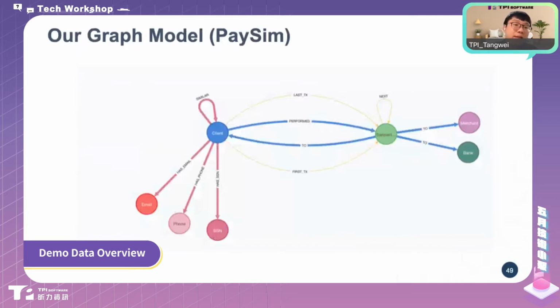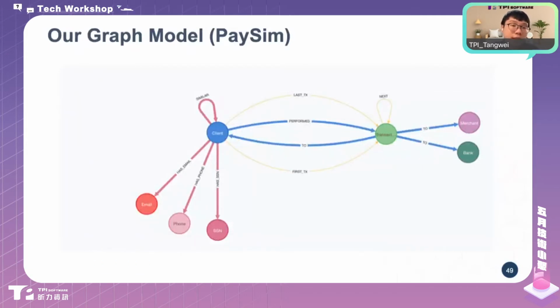Here we can see we have the clients and the transactions. The clients have an email, a phone number, and an SSN. The client can perform a transaction to a merchant, to a bank, or to another client. So this is what our final data model looks like in our PaySim dataset.